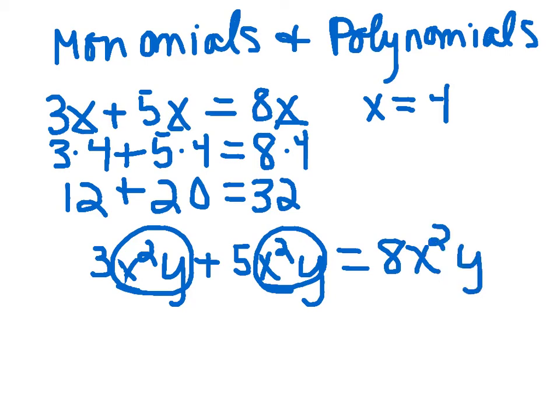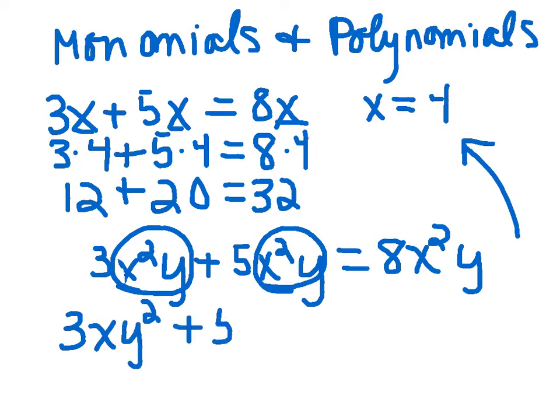And just like in this example, if I chose numbers to plug in for x and y, 3 x squared y's plus 5 x squared y's would give me 8 x squared y's. Notice that that is not true if I say 3xy squared plus 5x squared y. Let's do our very scientific test.